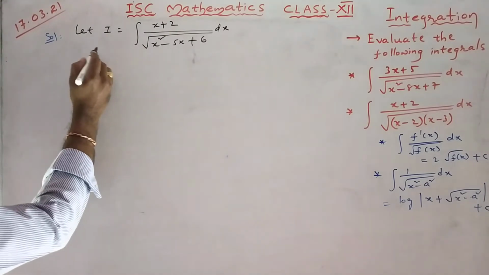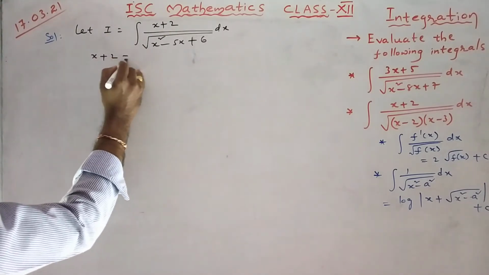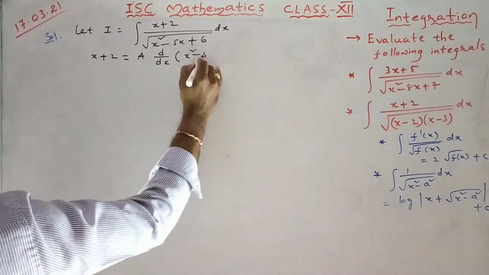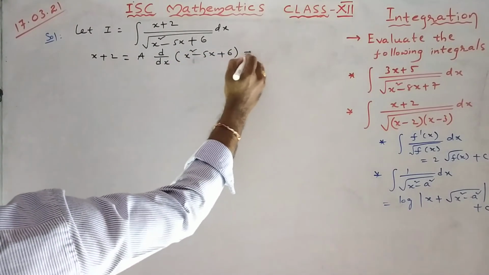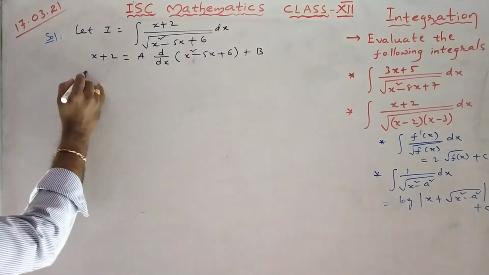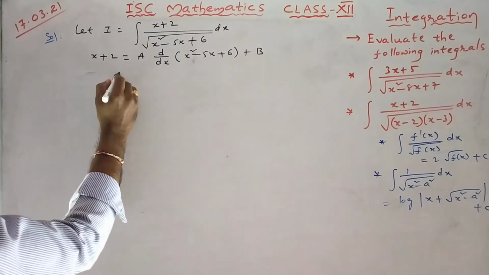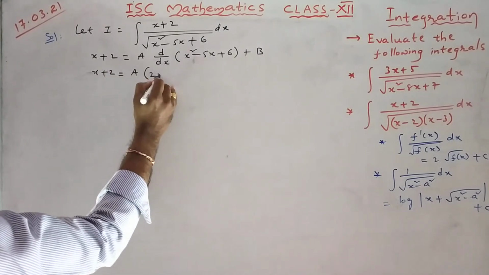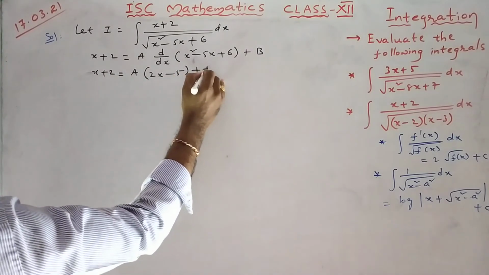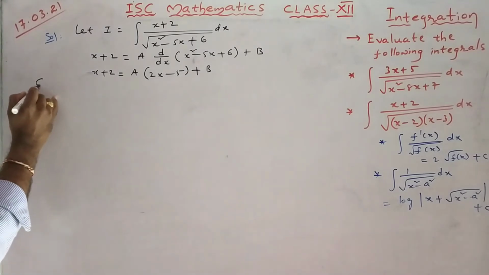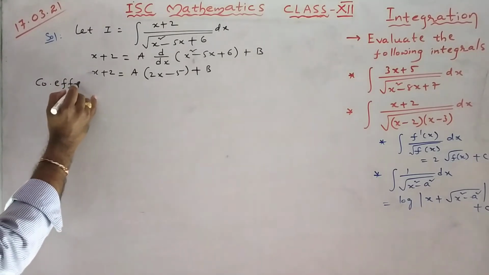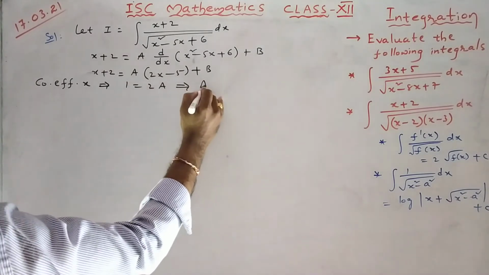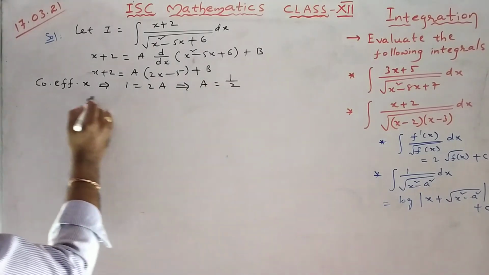So we have one substitution: x plus 2 equals a times d by dx of the denominator plus b. So this can be written as a times (2x minus 5) plus b. Compare the coefficients of x on both sides. We get 1 equal to 2a, that implies a equals 1 upon 2.